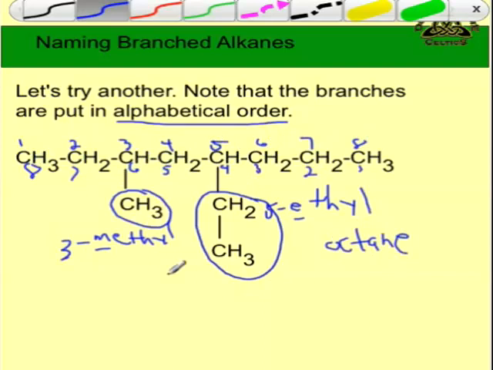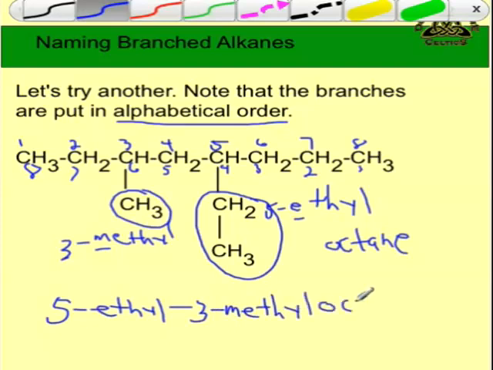So if we put all of these together with this one first, because alphabetically E comes before M, the name for this branched alkane would be 5-ethyl-3-methyloctane. One great big long word with numbers and dashes.